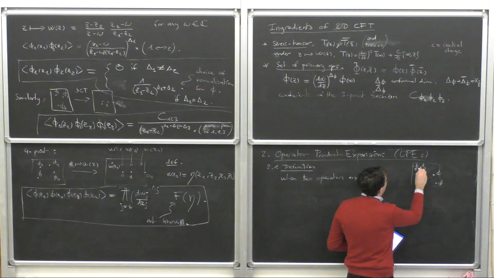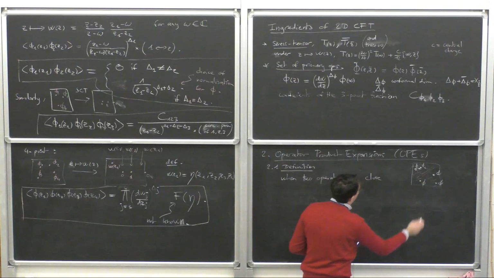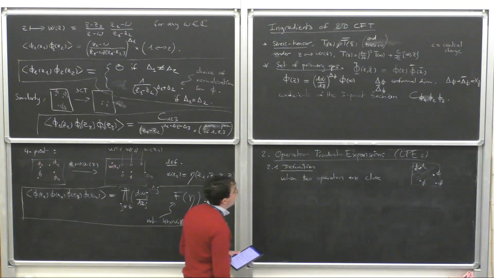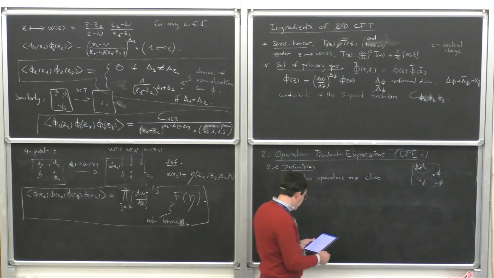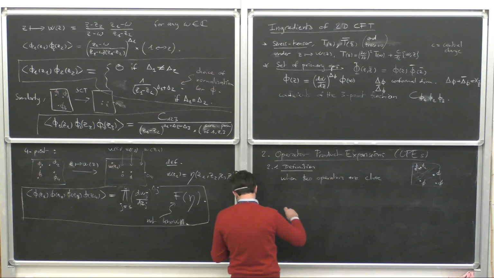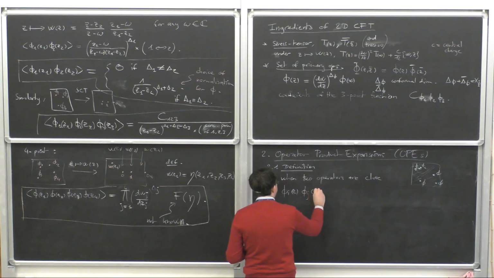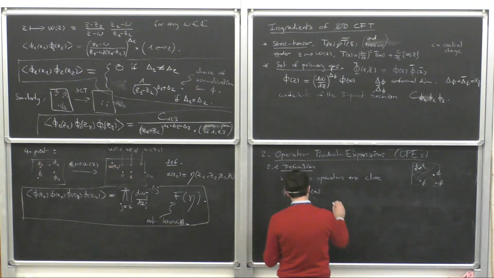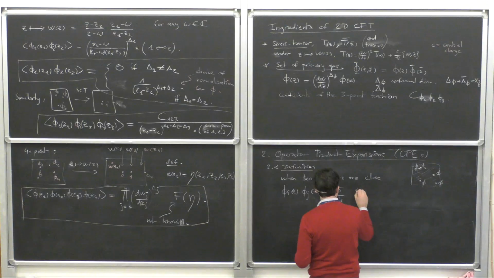And then if you have two operators that are very close to each other, then from far away you only see the signal that comes from both of them, but you cannot tell that there were two and where exactly they were. Anyway, it's just some heuristic way of thinking about this, but this means that you expect to be allowed to do the following sort of expansion in all correlation functions.